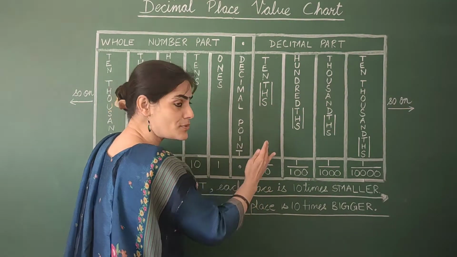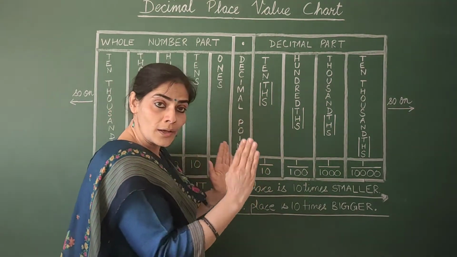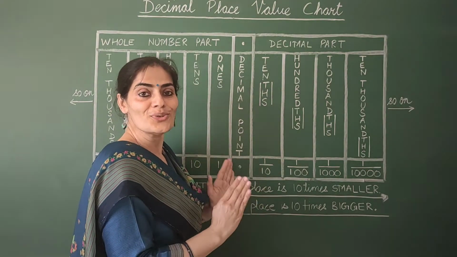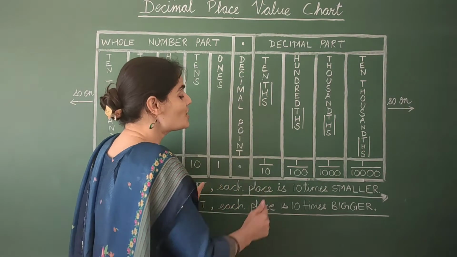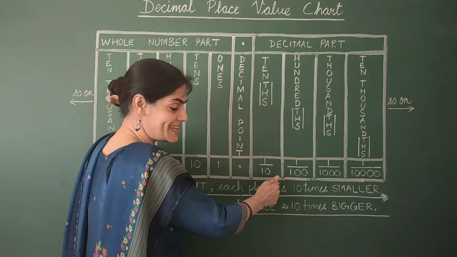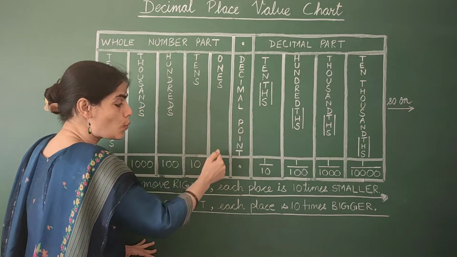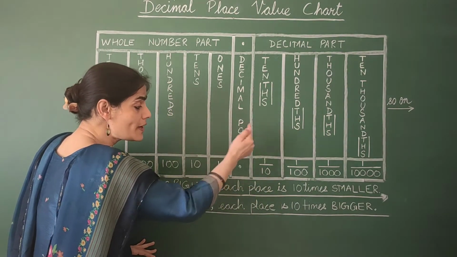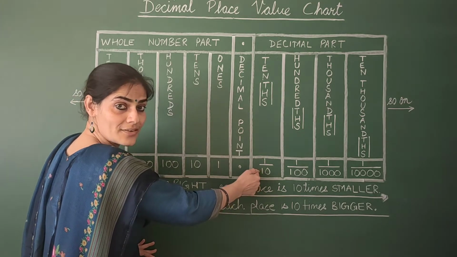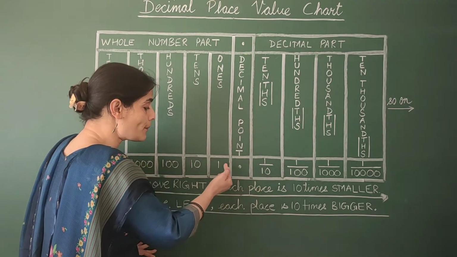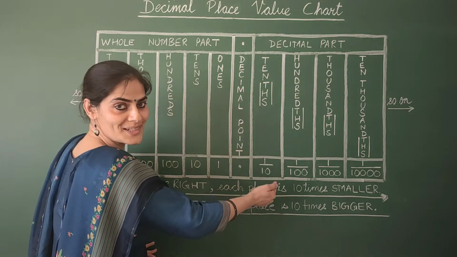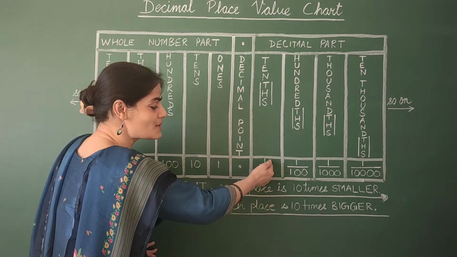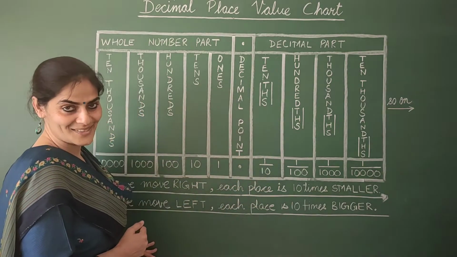And how do we represent it? Now, one whole is divided into 10 equal parts. So, 1 upon 10. Now, as we are going to move towards the right, so what will happen? This 1 will get divided by 10. So, it becomes 1 upon 10.